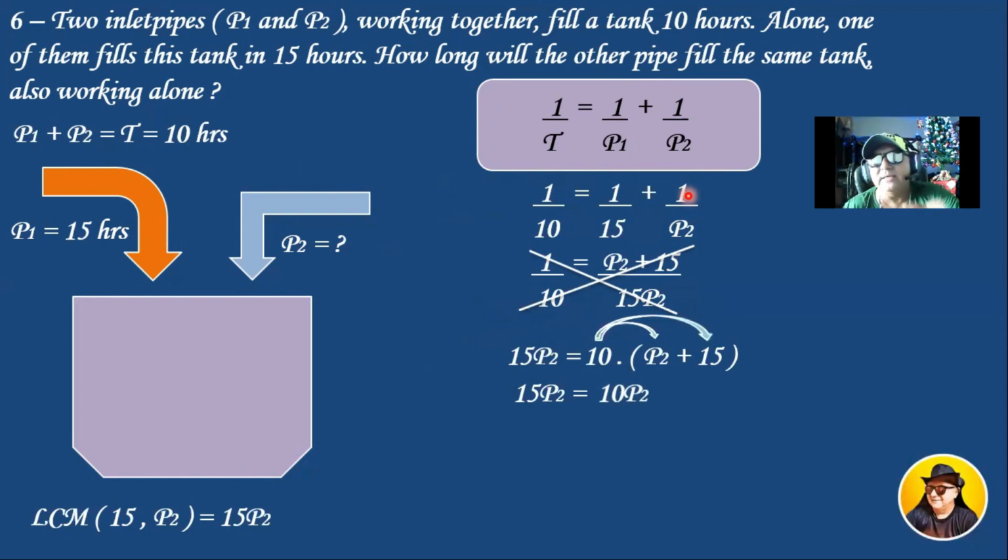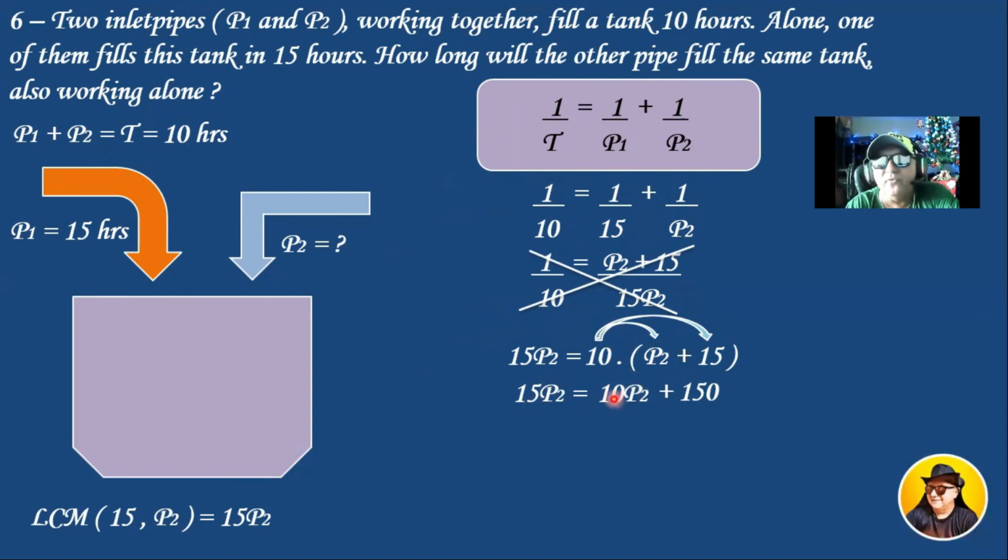Okay, now plus and plus is plus, and 10 times 15 is 150.